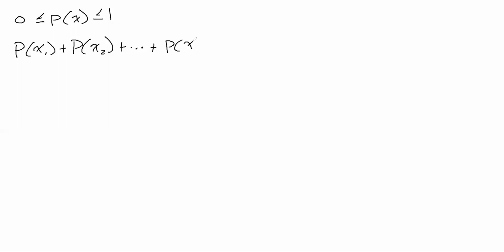And the sum of all possible values of x, so all mutually exclusive and exhaustive events, so this could be the probability of x1 plus the probability of x2 all the way to the probability of xn, is going to be equal to 1. If this is not true, then it's not a probability function.